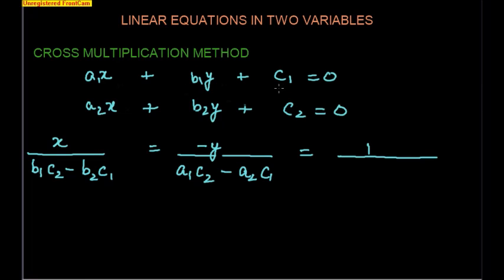If we take the constants, then we hide them and I multiply a1 b2 minus a2 b1. So this is the formula that we are going to use for the cross multiplication. You can either learn the formula, or I've told you the method. You can simply follow the method.